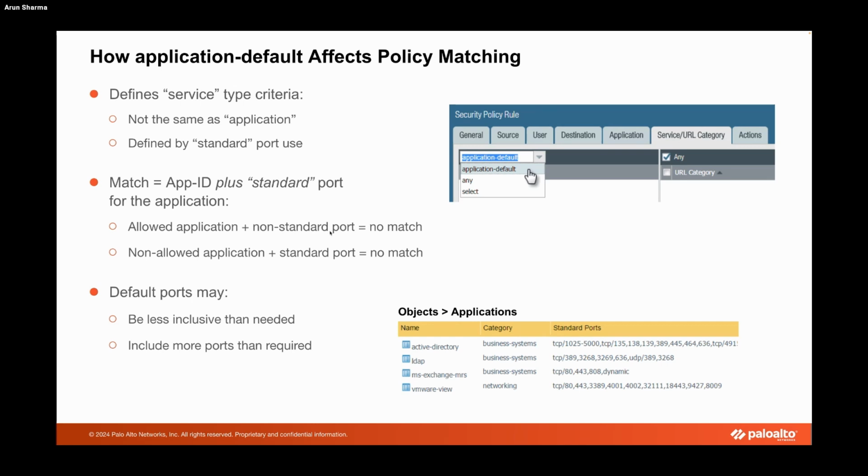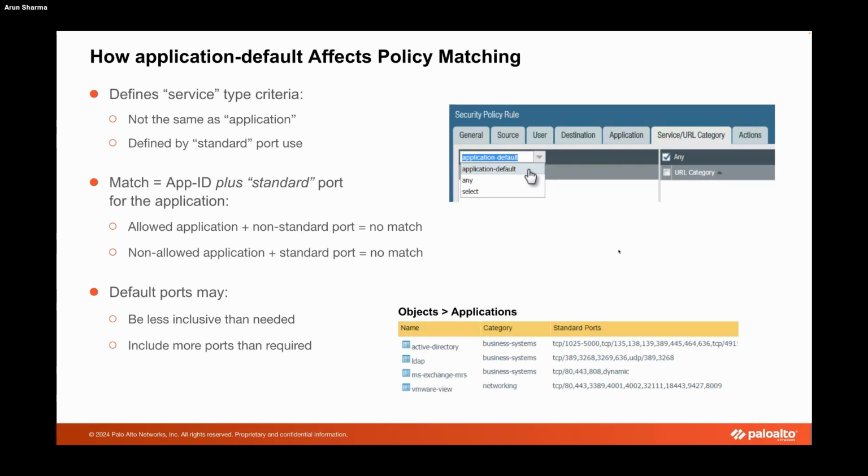It's not going to match because for HTTP, the port will be 80. And for the non-allowed application, let's say the port over here is 80, but the application is FTP. That will also not be matched because it is not correctly mapped with the port.